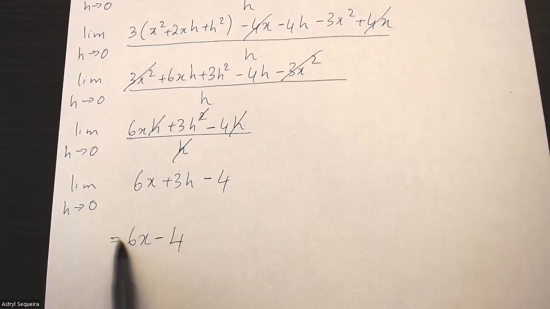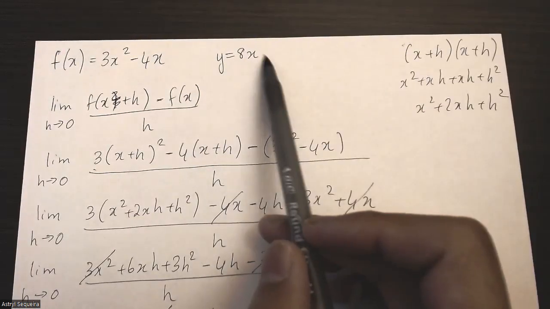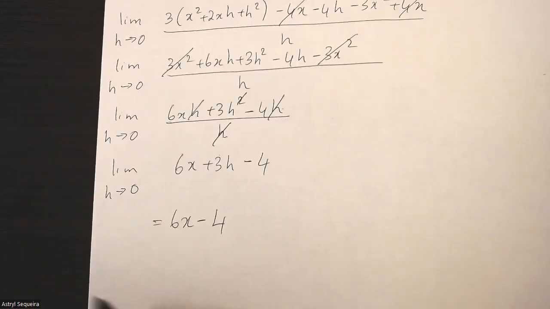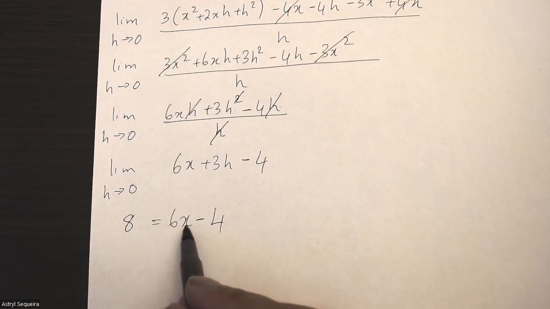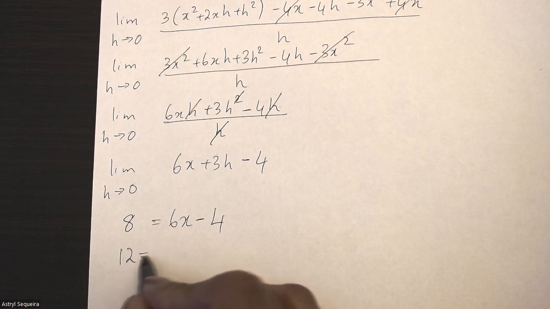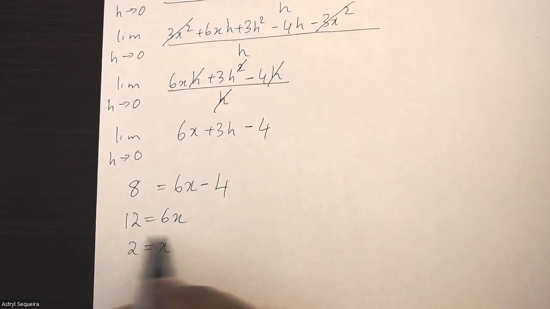I want to find where this slope is parallel to this line over here. I know this line has a slope of positive 8. I'm going to make that equal to 8 over here and solve this equation for x. So I'll move the negative 4, this becomes 12, and then I'll divide by 6. So x equals 2.